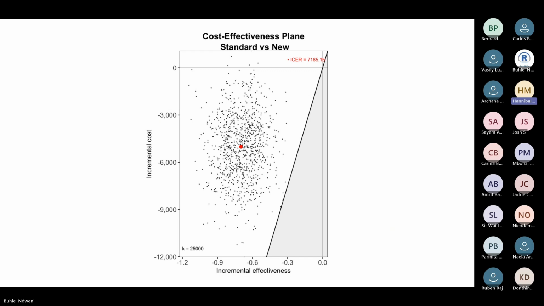So I think the most important thing to note now is that the plane itself is going to be divided into 4 different quadrants.